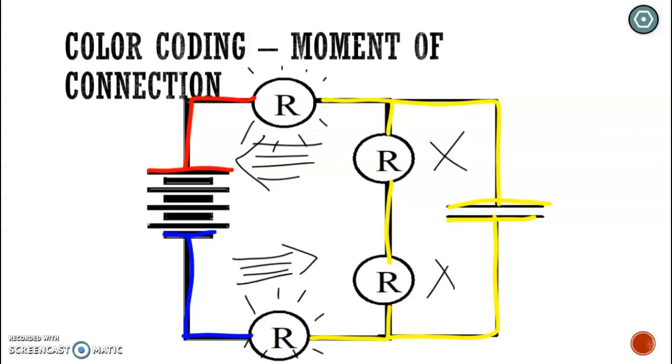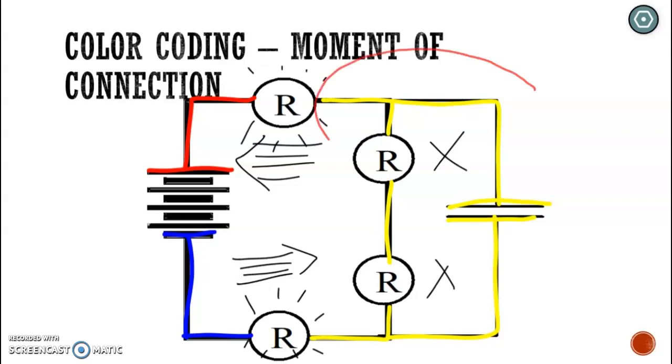But something that we do see happening is there are electrons moving from this blue wire into this yellow wire, which means that this yellow wire here is becoming more negative, because there's not any electrons moving from here to here, but there are electrons moving from the blue into here, which means that this wire is gaining electrons.